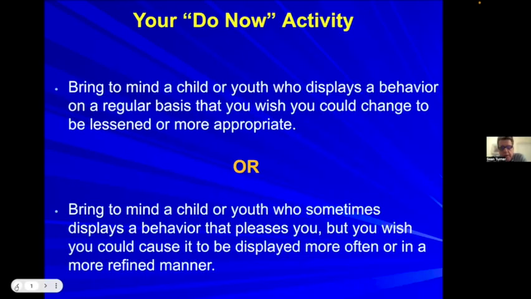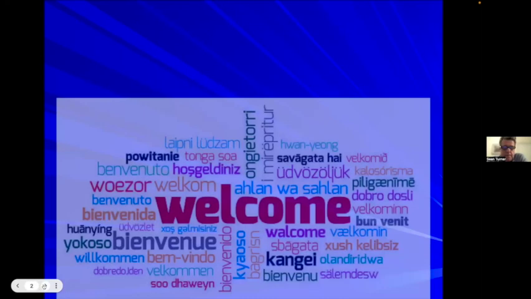This was our do now. Even this is soft data, just bringing to mind one of those two questions, and you can put that into the chat.